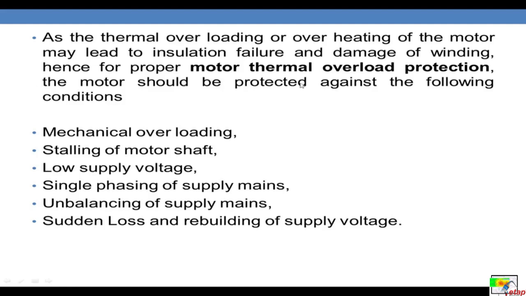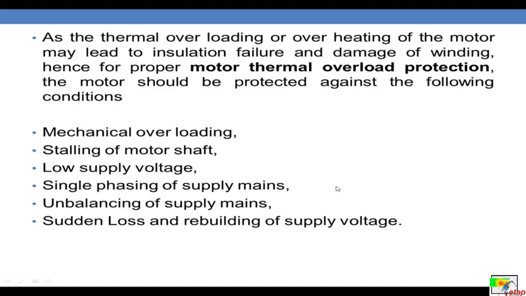The motor should be protected against the following conditions: the mechanical overloading and stalling of the motor shaft, low supply voltage, single phasing of supply mains, unbalancing of supply mains, sudden loss and rebuilding of supply voltage.